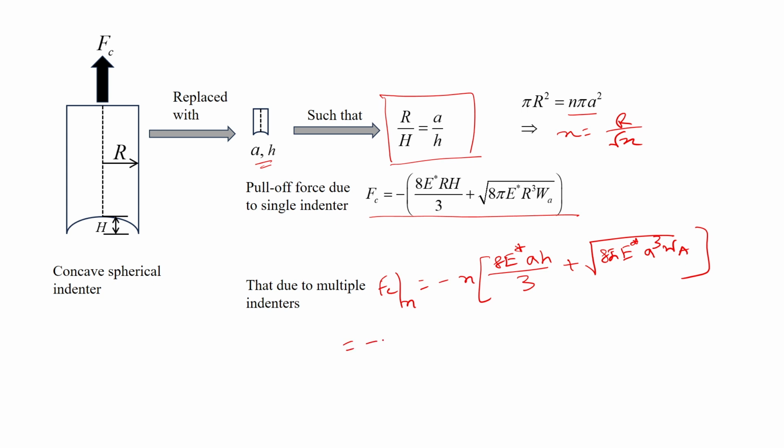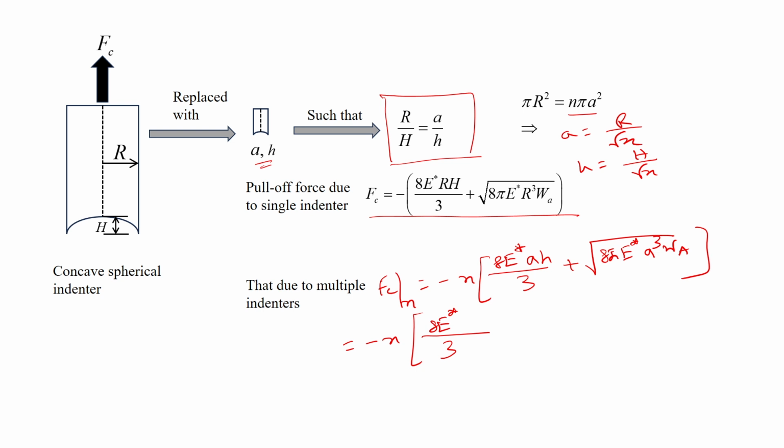A is equal to R by square root of n, so h will also be equal to capital H by square root of n, because the ratio R by H remains constant.